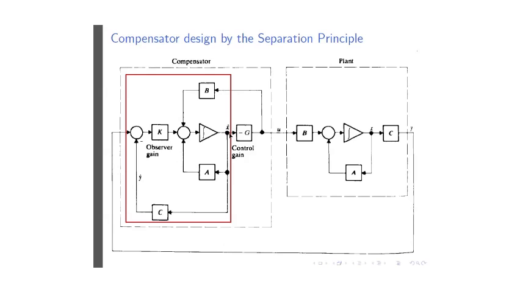And the output of the observer, well, the observer doesn't really have an output, but the observer estimates the states that are used in the control law. This part here is the control law that says that U is equal to minus G times X caret. But if I talk of the compensator, it's more than just the observer in the sense that it then includes the feedback control gain.